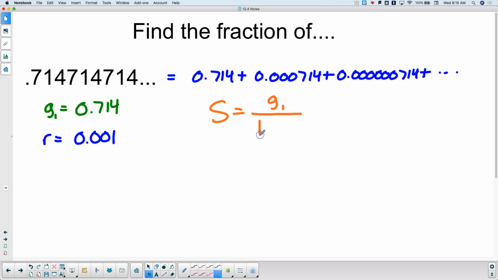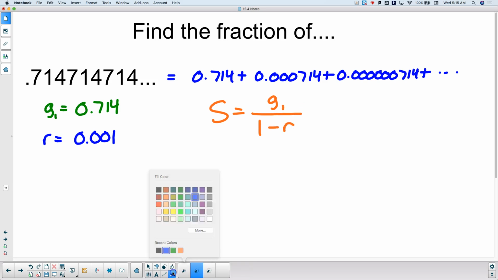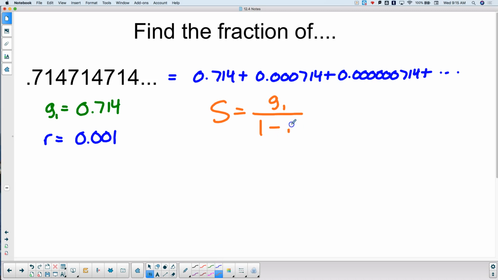The R value is in my acceptable range, so I can calculate it. So my first term is 0.714. My R value is 0.001.